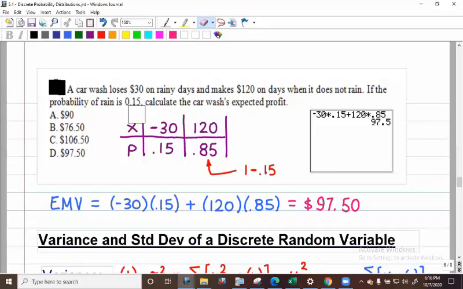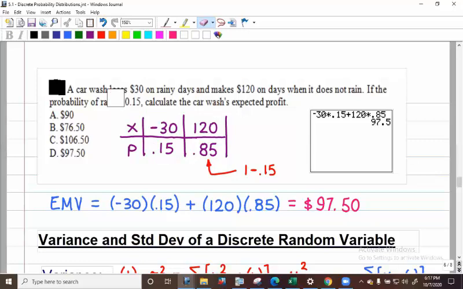If there are only two outcomes and we know one of the probabilities, we can calculate the missing probability quite easily. So if the probability of rain is 0.15, the probability of not raining is 1 minus 0.15, so it's 0.85. They tried to get sneaky there, but with only two numbers and knowing one of them, it's always just one minus the other. So they couldn't fool us.